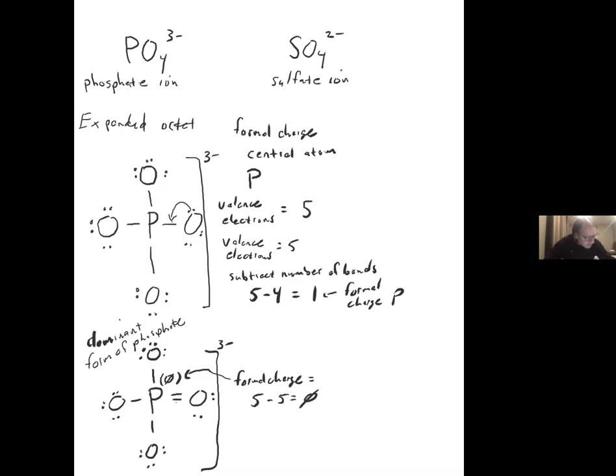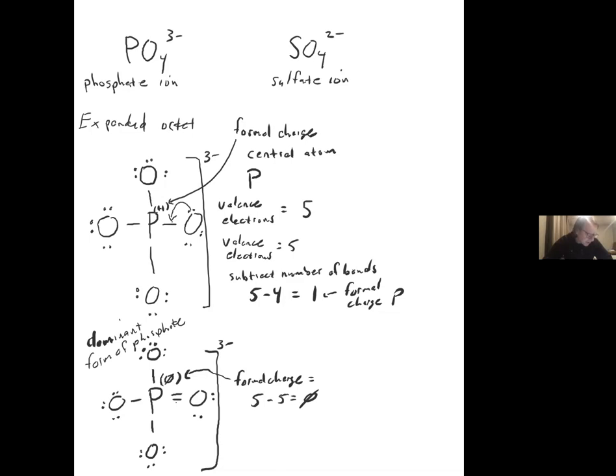And I'm going to write a little +1 here in parentheses to indicate that the formal charge is +1 on that phosphorus. So do the octet. If you count it up and you find that the number of valence electrons minus the number of bonds is not 0, then push another pair over to give it an extra bond. And then if that gives you a formal charge of 0, then you're set. That means that it's going to be expanded octet. It's relatively simple, right? There's some more complicated structures out there, but I'm not going to consider those for now.